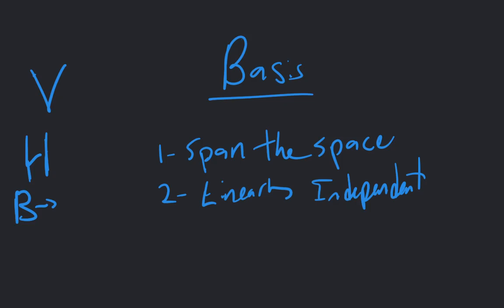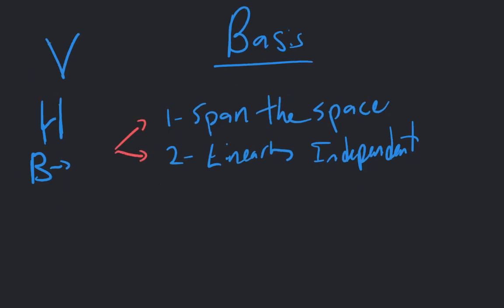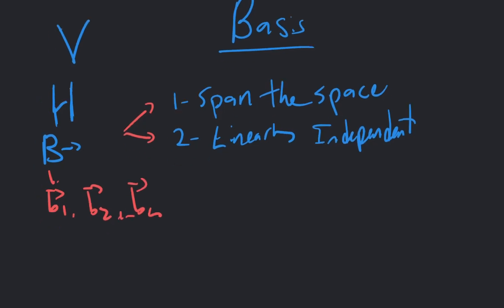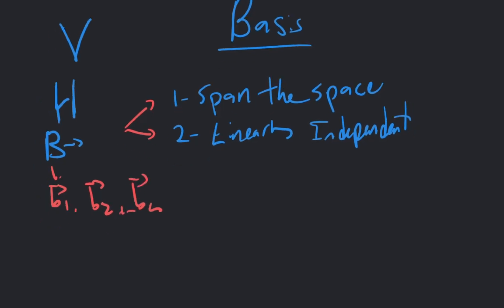So there are two conditions. It has to span the space, and it has to be linearly independent. So if you have B1, B2, Bn, etc., you're going to have this linearly independent solution set equal to 0.